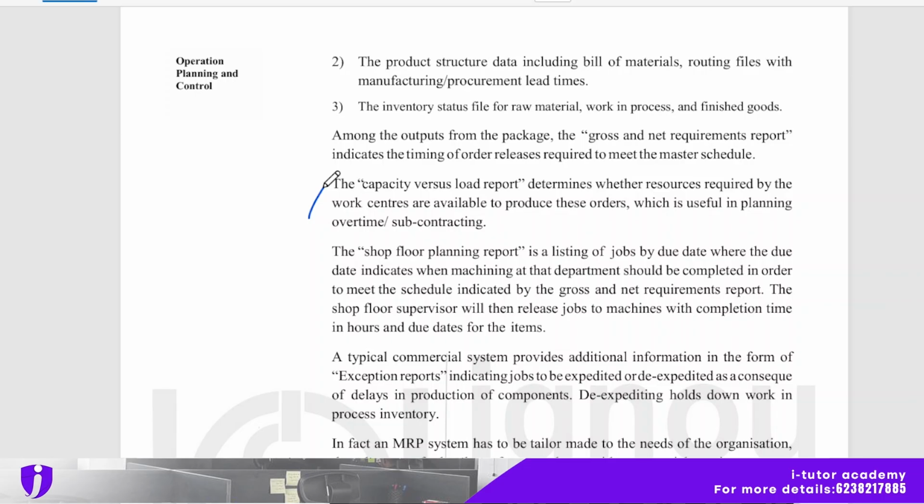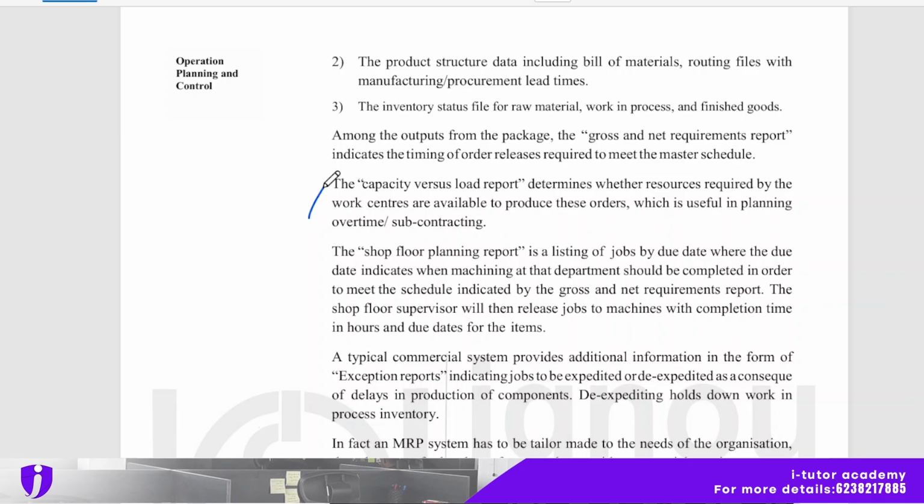The shop floor planning report is a listing of jobs by due date, where the due date indicates when machining at the department should be completed in order to meet the schedule indicated by the gross and net requirement report. The shop floor supervisor will then release jobs to machines with the completion time in hours and due dates for the items.